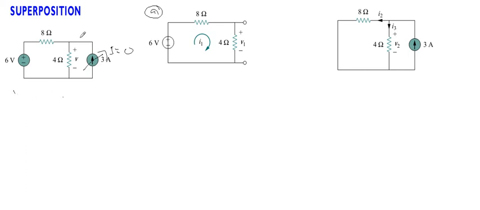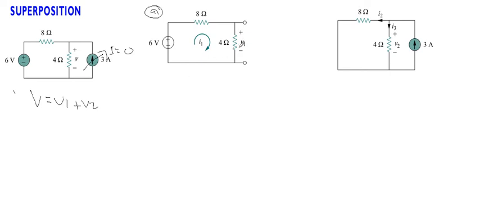So first, our V is equal to V1 plus V2. As you can see here, V1 is the voltage contributed by 6 volts and V2 is the voltage contributed by the 3 ampere. So now let's solve this one. This one will be so easy because we only have to use voltage division.